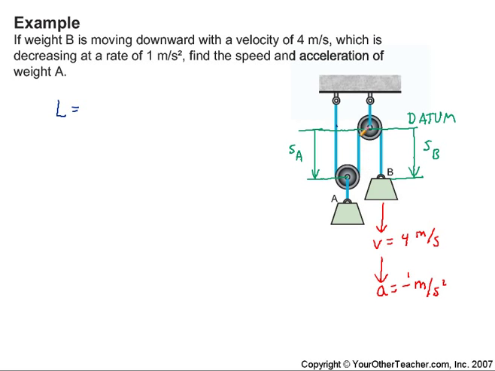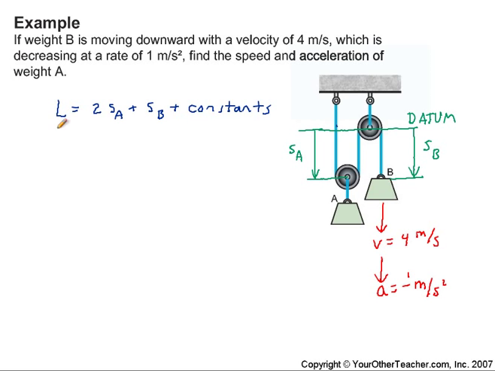Then we have another value here which is S sub a. Another constant half semi-circumference, and another value here which is S sub b. So effectively what we get is 2 times S sub a plus S sub b plus several constants, which we're going to group together. Okay, we have a constraint equation.